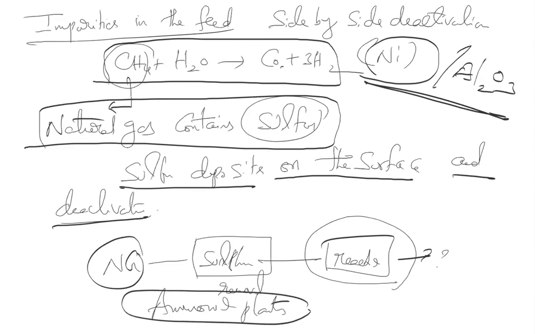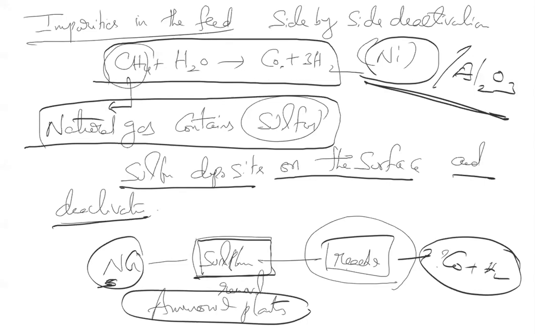Natural gas contains some sulfur, which goes to the sulfur removal unit. You remove the sulfur, and only then send it to the reactor so that you get CO plus H2 at the end of the reactor.